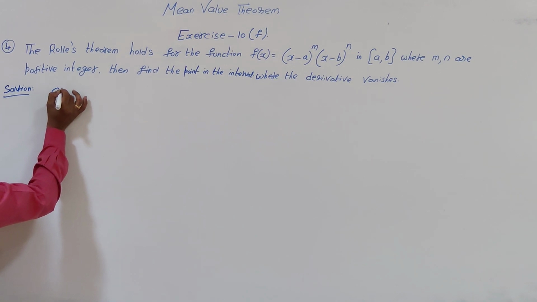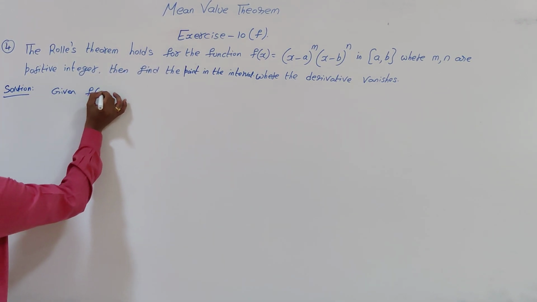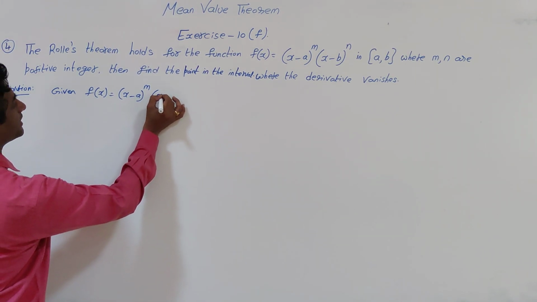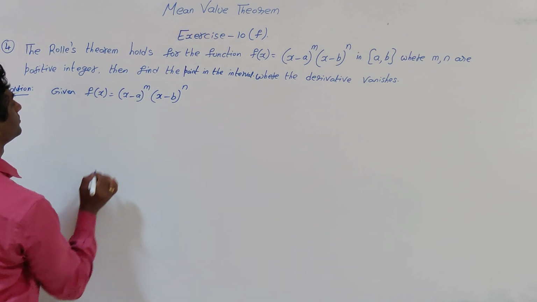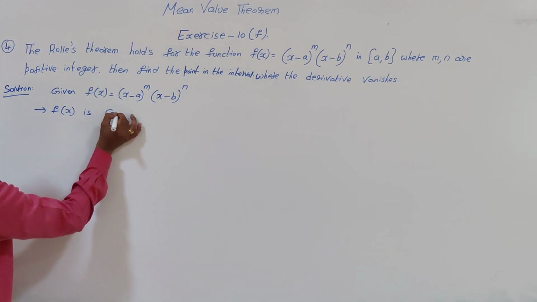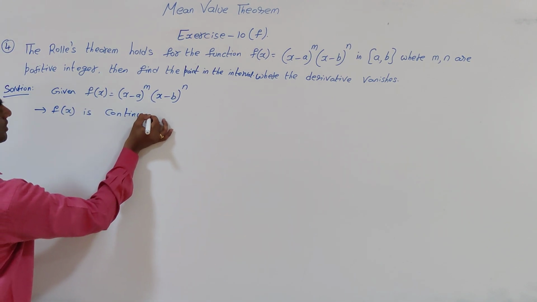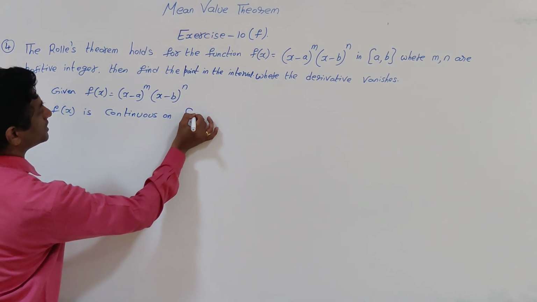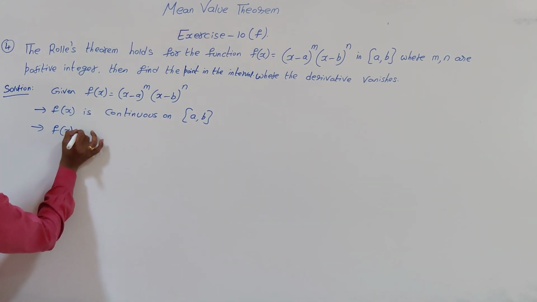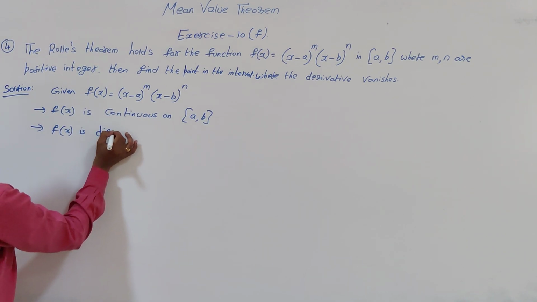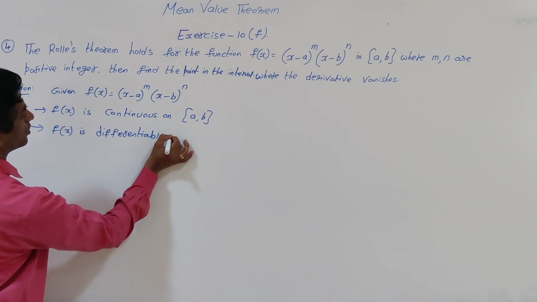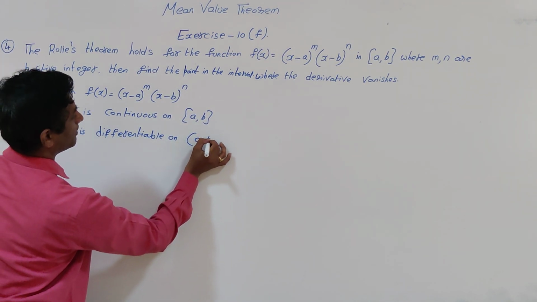Now solution. Given f of x is equal to x minus a whole to the power of m into x minus b whole to the power of n. First, f of x is continuous on the closed interval a comma b. Second, f of x is differentiable on the open interval a comma b.